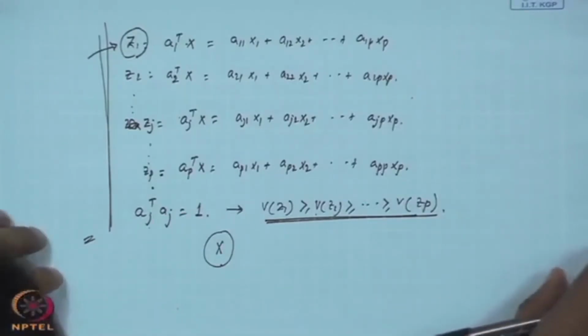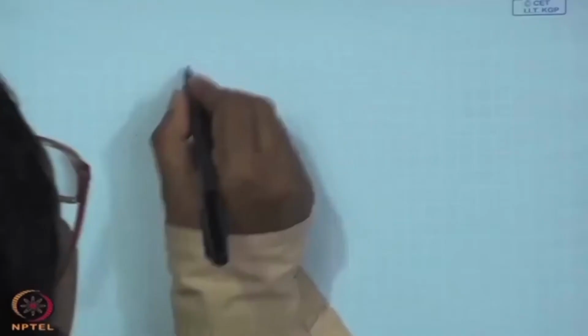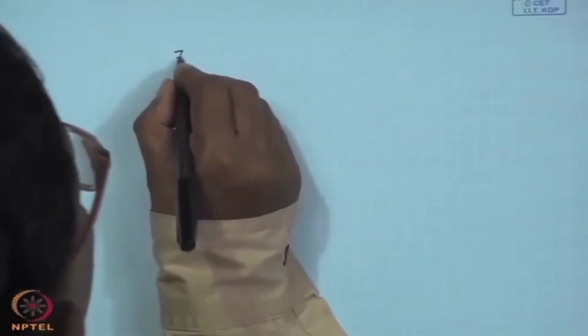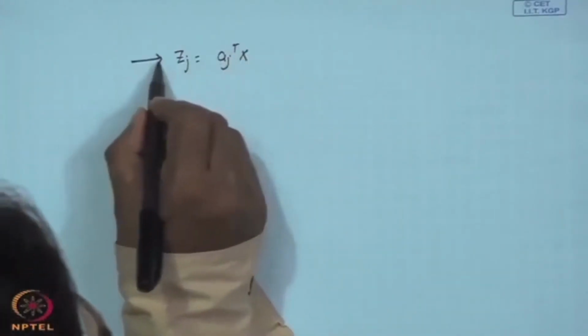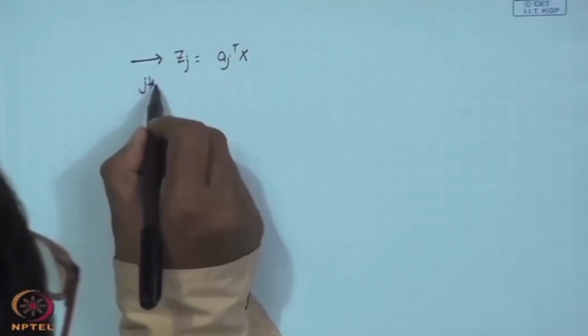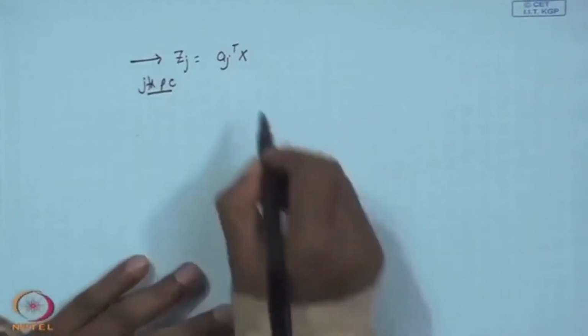Before going to this extraction part, I have to tell you a little bit. In general we are saying Zj is Aj transpose X, where Zj is the jth principal component, the jth PC.